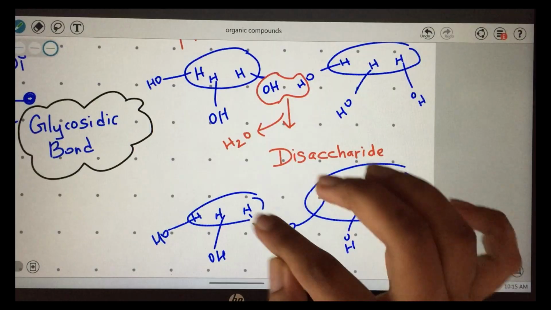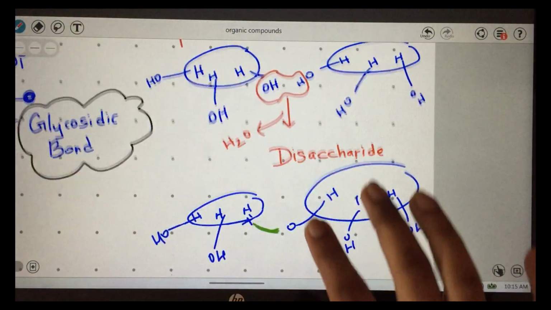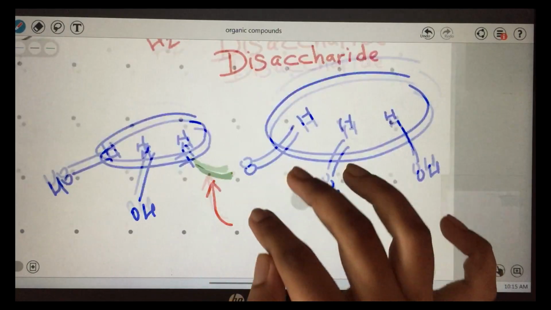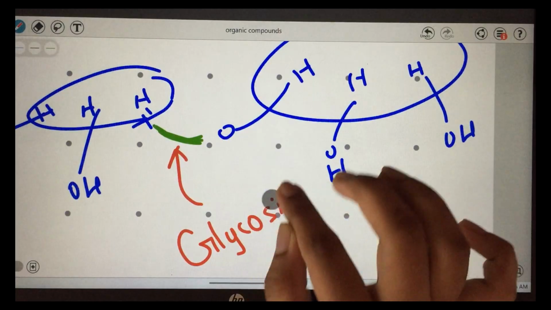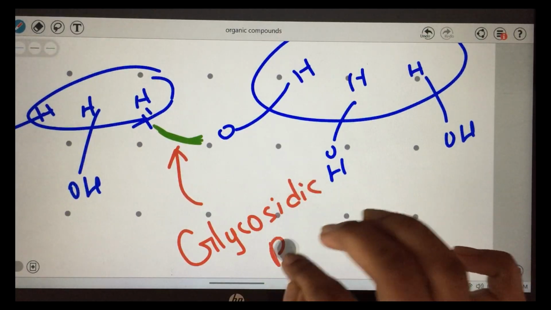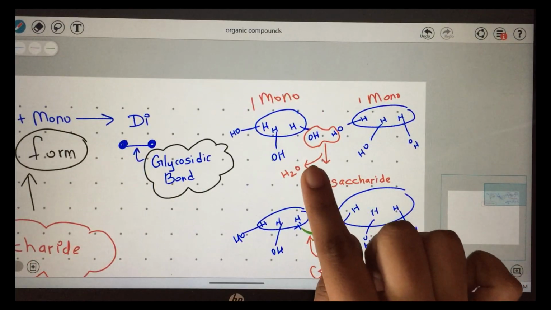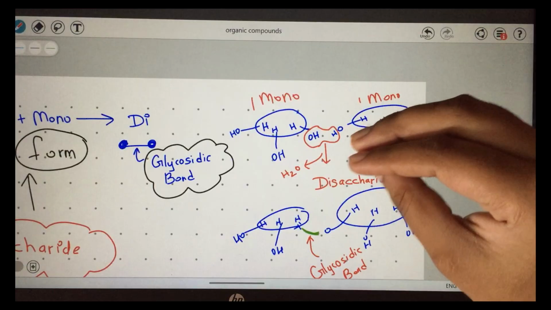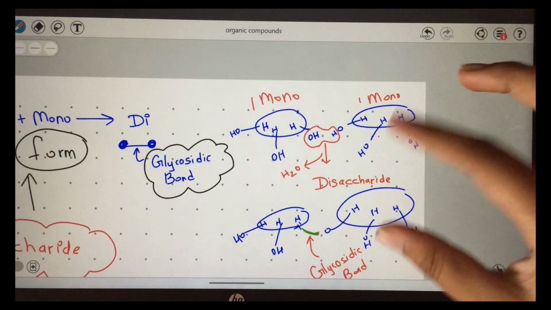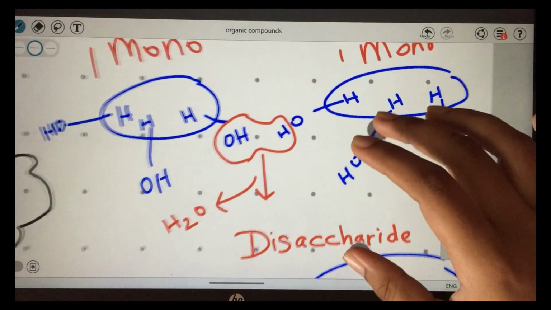This bond here. How do you call this bond? The glycosidic bond. Why? This is the bond that holds both monosaccharides together. When the hydrogen of one monosaccharide and the OH of the other monosaccharide are removed as water, there's a special name for that process.